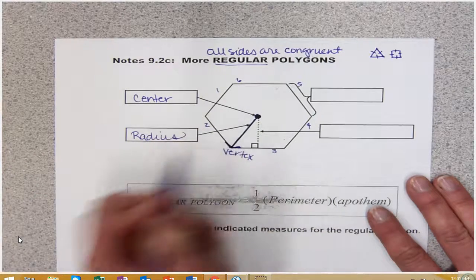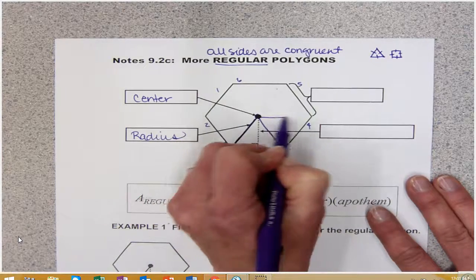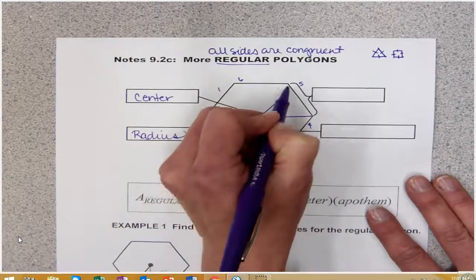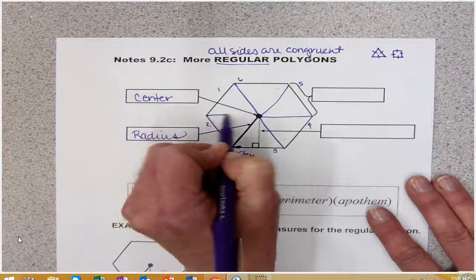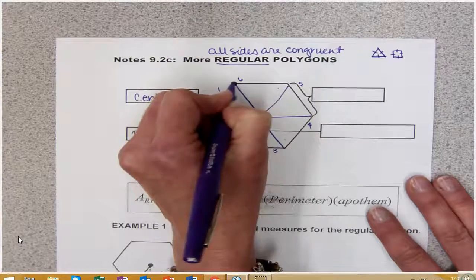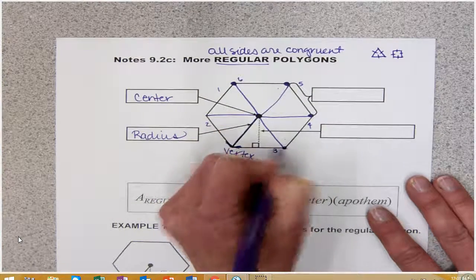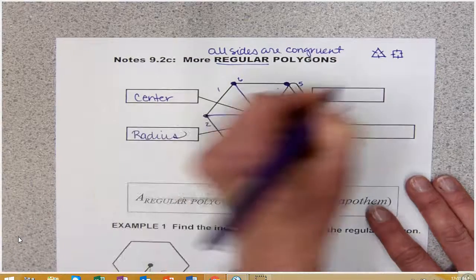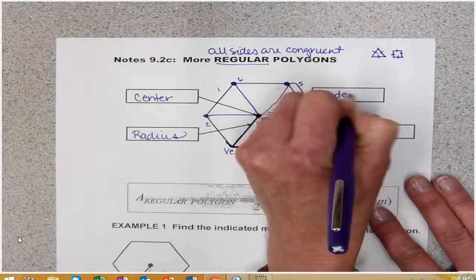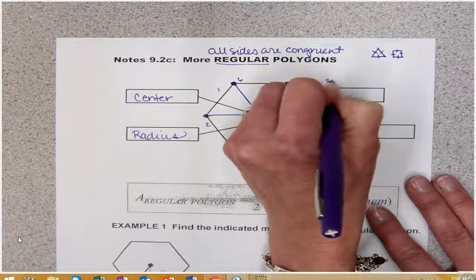Any place you can go, that would be a radius, that would be a radius. I know these are not very straight. Everywhere to the vertex. Those are your radii. This would be your side, right? And in this figure we have 6 sides.